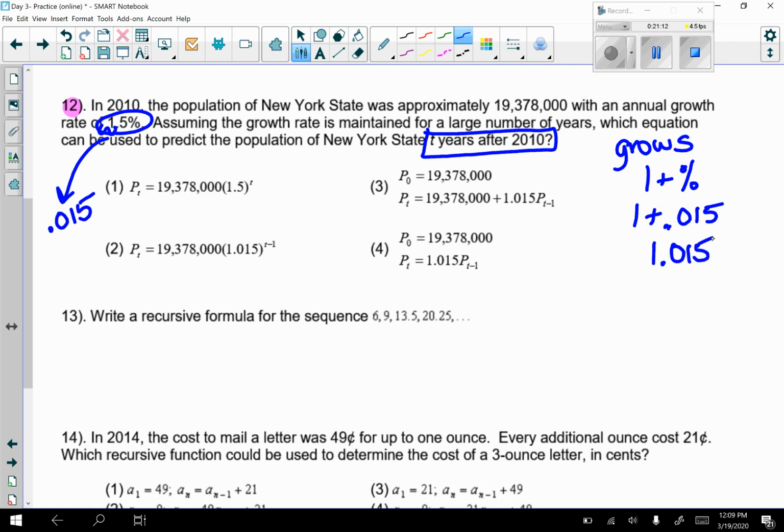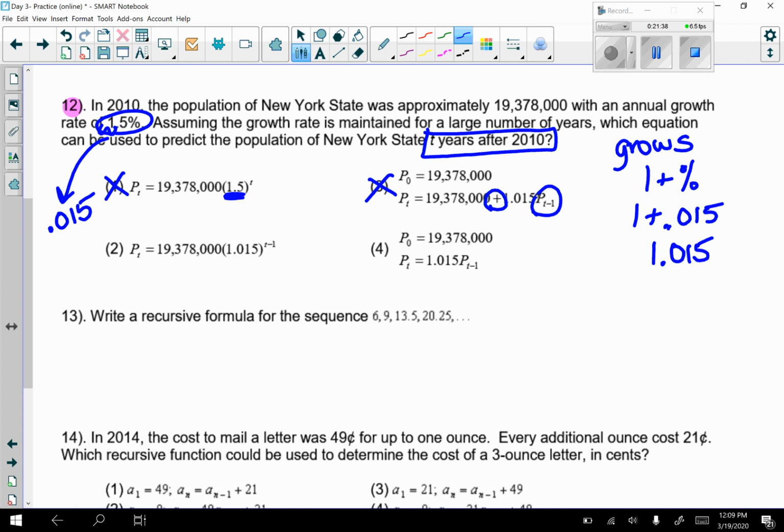With that information, I am going to go right ahead and cross off choice 1 because it has the wrong decimal. I'm also going to cross off choice 3 because it has adding and it has multiplying. And in this case, I'm growing, so I should just be multiplying. Now the question becomes, is it choice 2 or choice 4?